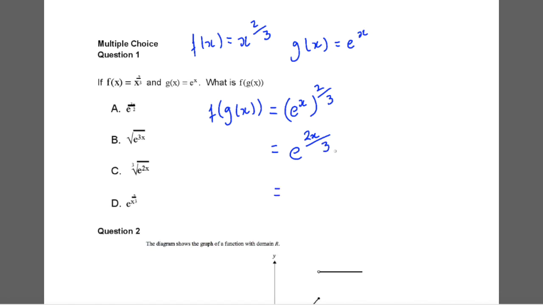If we write that as some sort of root function, we can see that it's the cube root. The denominator is always the nth root, and then we've got e to the power of 2x. So it's going to be c here.